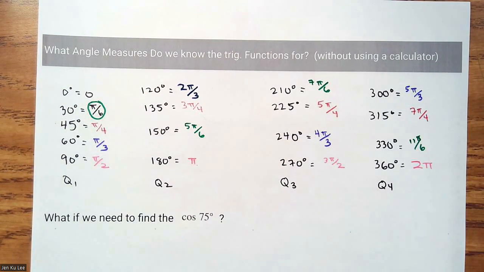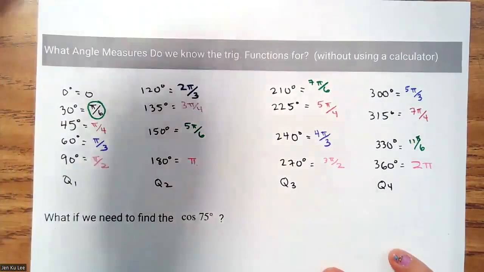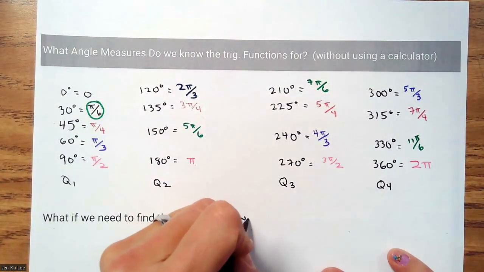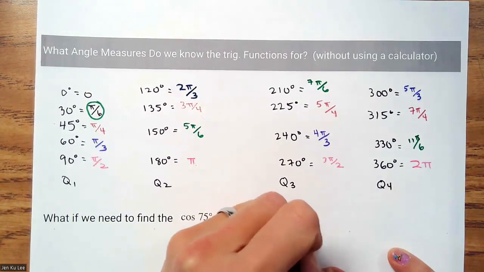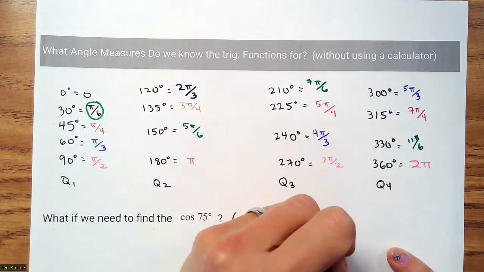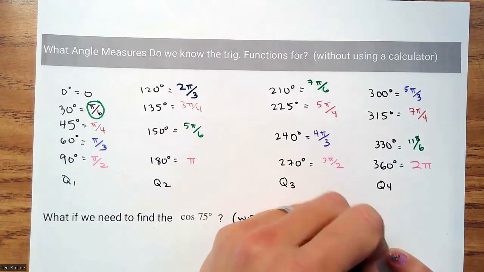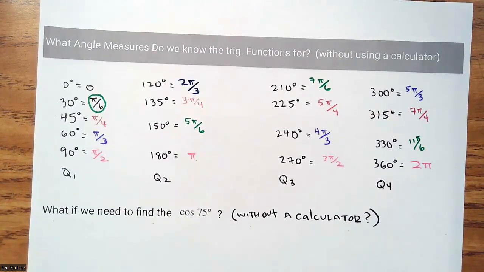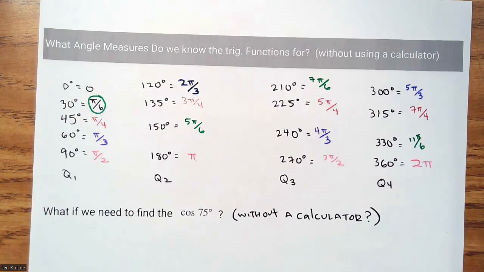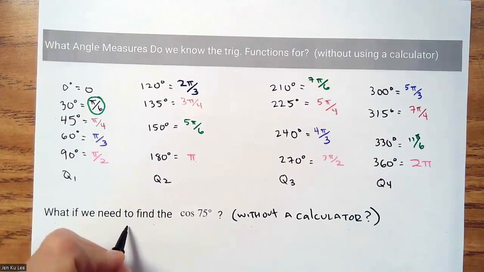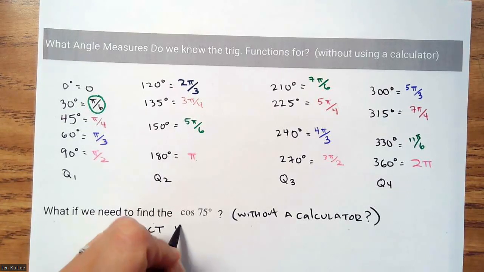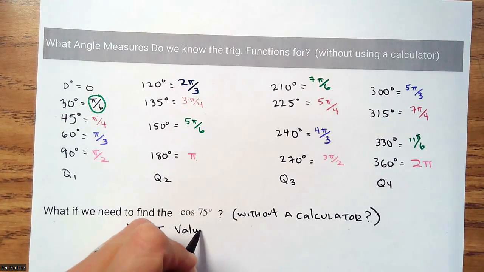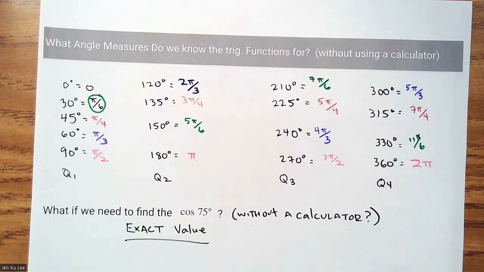Now, what if I ask you to find the cosine of 75 degrees without a calculator? In your assignment, they're going to ask you to find the exact value. Calculators are never going to find the exact value.